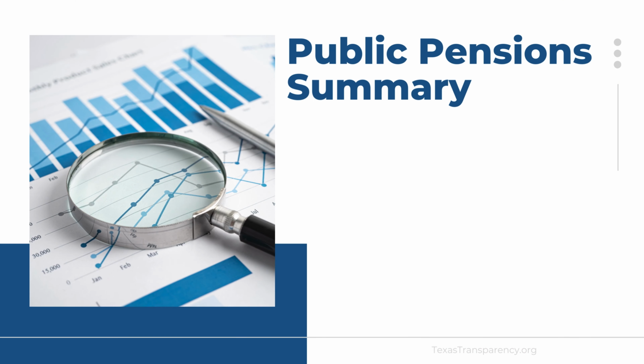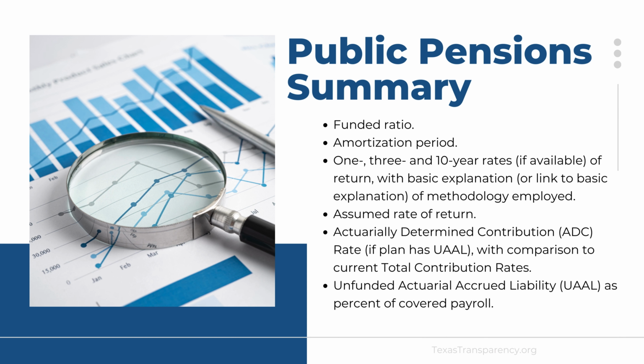Your public pension summary should include the following from the most recent actuarial valuation: funded ratio, amortization period, 1, 3, and 10-year rates of return with basic explanation or linked to basic explanation of methodology employed, assumed rate of return. Actuarially determined contribution rate, or ADC, if plan has UAAL with comparison to current total contribution rates, and unfunded actuarial accrued liability, or UAAL, as percent of covered payroll.